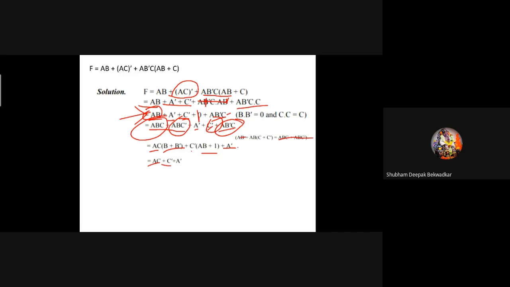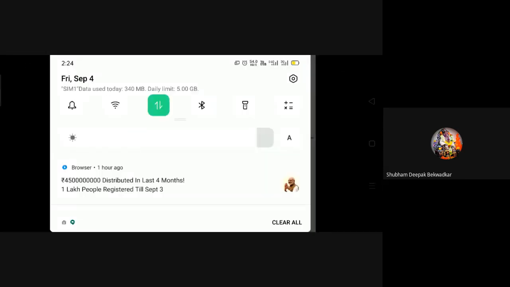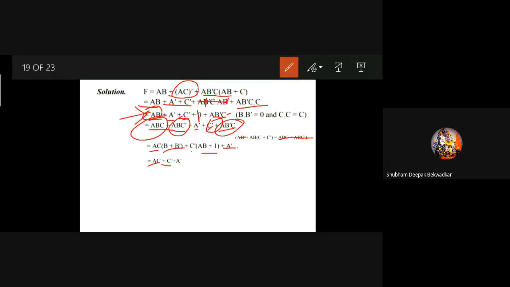Now you see, here you have an option of A bar plus C bar where you can apply De Morgan's theorem.